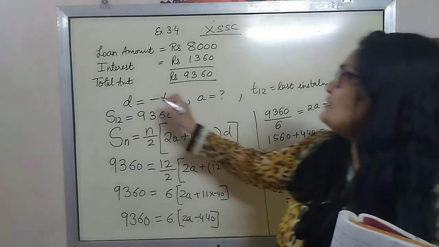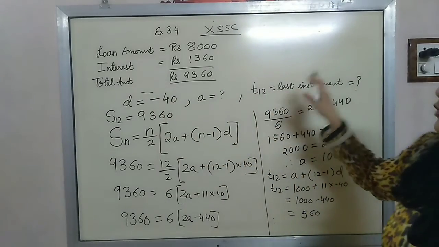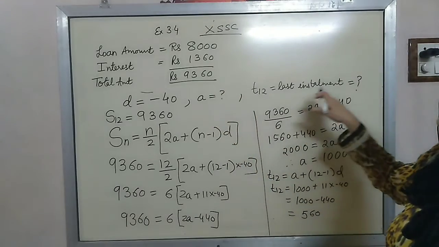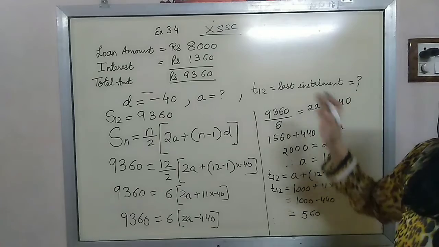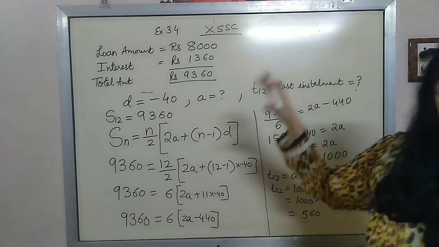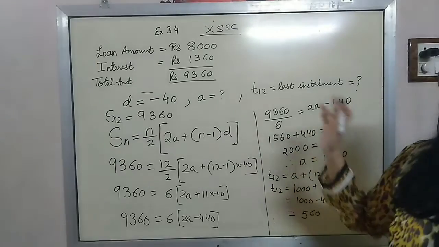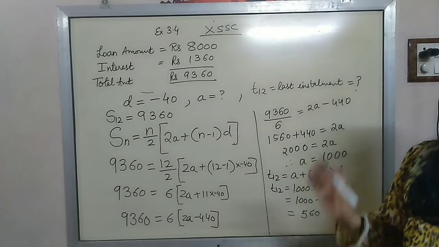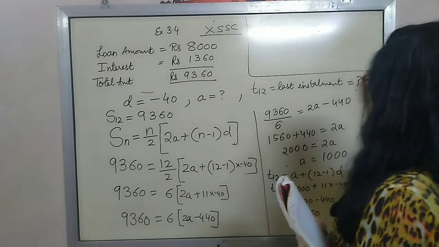The given problem can be formulated as an AP where D is equal to minus 40, A is equal to question mark, T12 is last installment question mark and S of 12 is 9360. क्योंकि वो पहले बताना पड़ेगा कि वो AP है. Only then you can use the formula of SN and TN. Okay. If you are not writing that statement, your sum is not going to be evaluated in the board. Mind it.